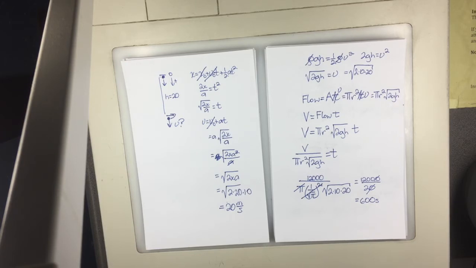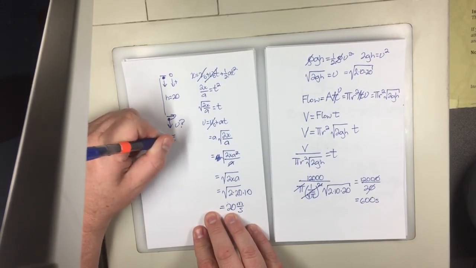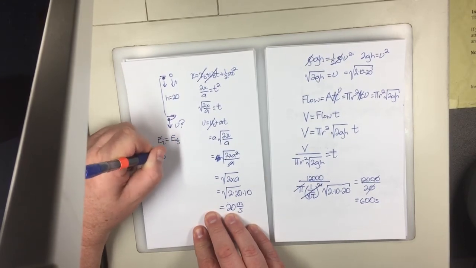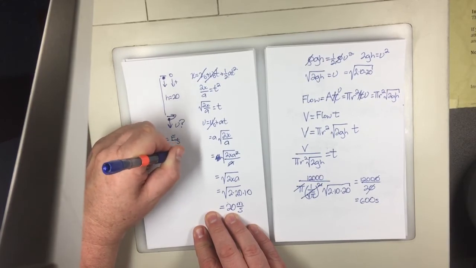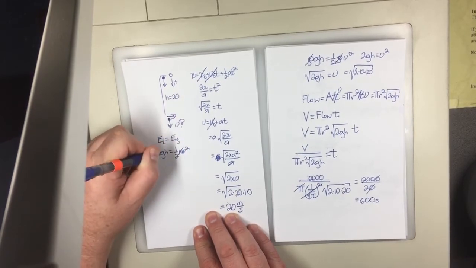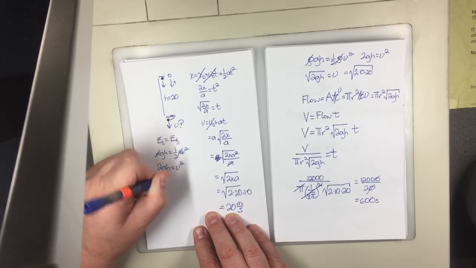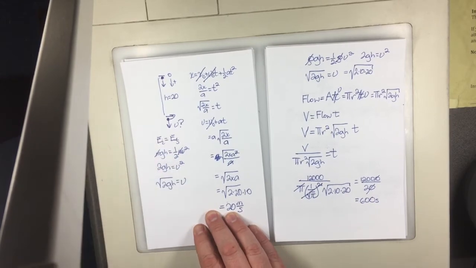There's another way that we could do this. We could do this problem with energy. The energy solution is way faster. Energy initial, energy final. Energy initial is all potential, mgh. Energy final is all kinetic, 1/2 mv squared. Masses cancel, 2gh, v squared, square root of 2gh is equal to v.